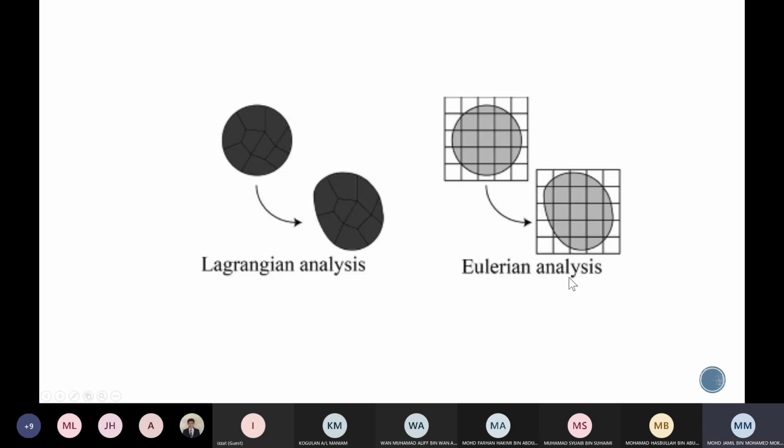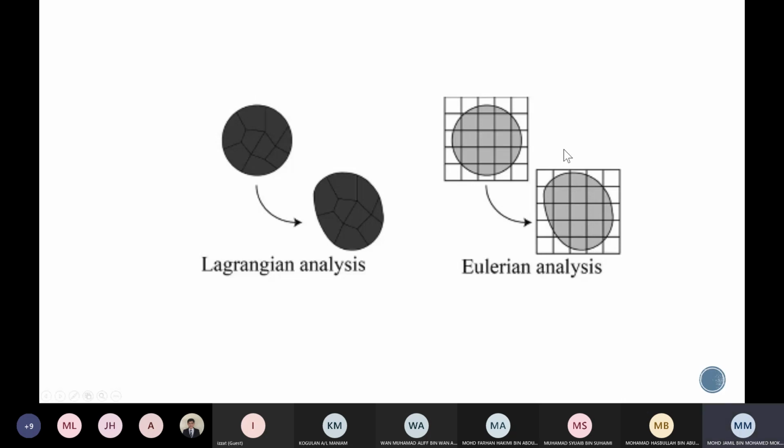But in Eulerian analysis, kita letak satu kertas graph ke, and then when this object change in position, kita just kira berapa banyak point dekat point yang asal, dekat kertas graph yang asal, berapa banyak point yang lalu dekat setiap titik dalam kertas graph tu. So kita tak kisah point yang baru tu datang dari mana. Kita hanya kira berapa banyak point dalam that specific location.